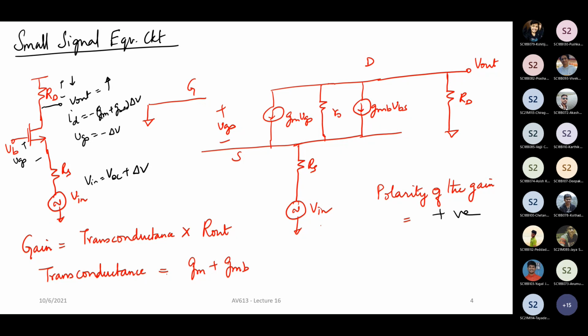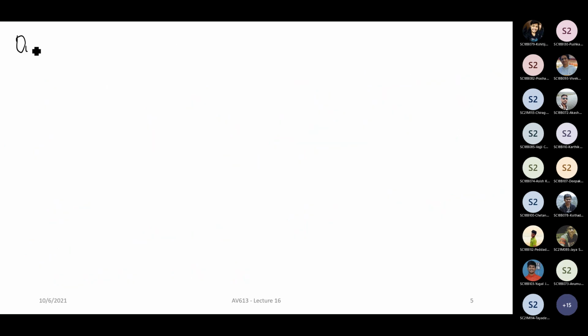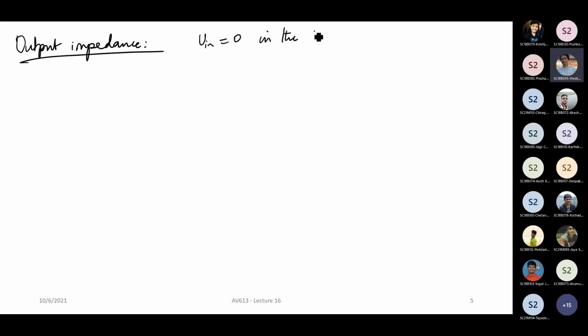All right. Now let us try to find out what is the output impedance. Now for finding out the output impedance, what do we do? Sir, to find the output impedance, you set V in to 0 in the small signal equivalent circuit, right? So if you set V in to 0, how can you rewrite this thing?